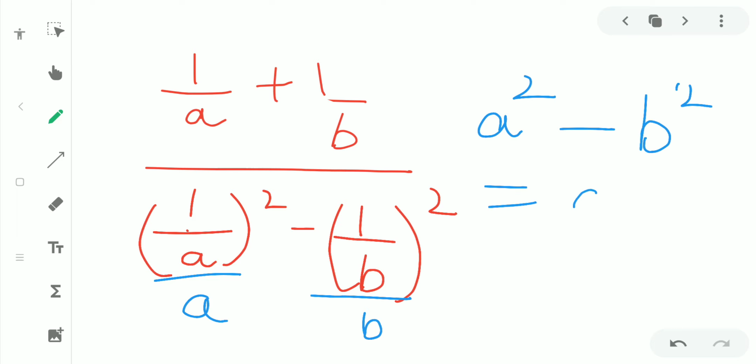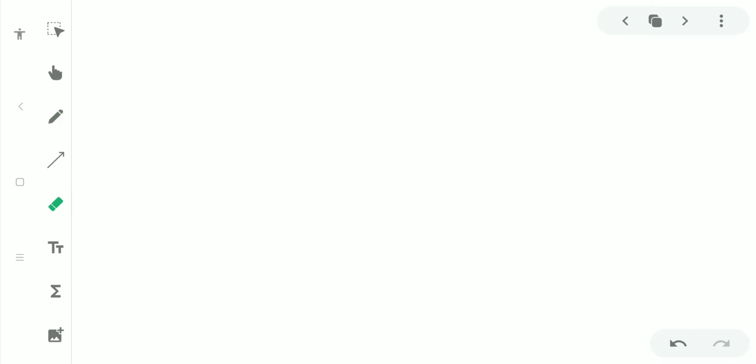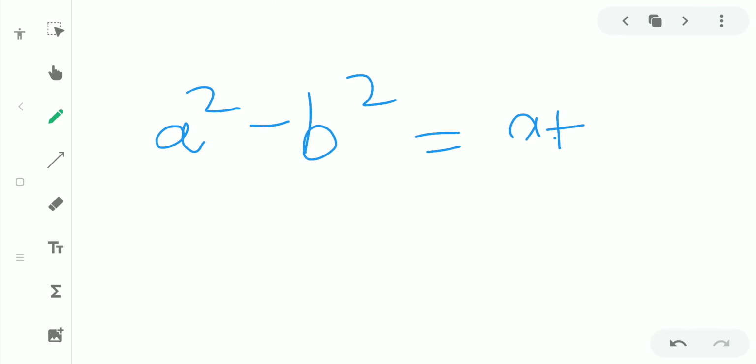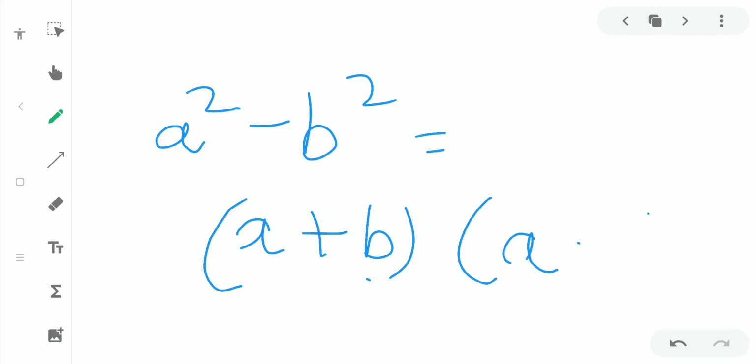The formula is (a plus b) times (a minus b). I discussed this formula in the factorization chapter, and we will apply it in this part of the sum.